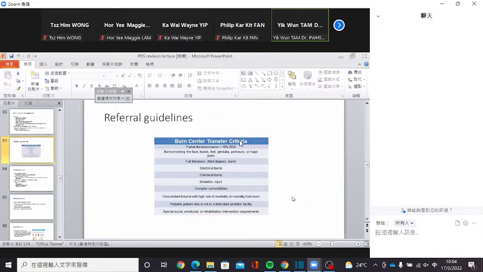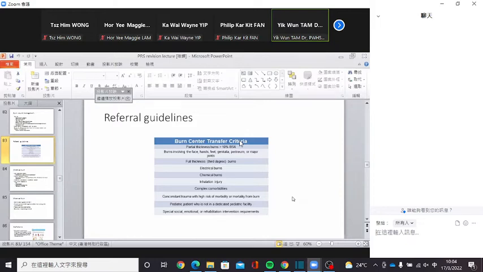So this is the referral guidelines to burn center. I think you should also know this as well because that helps you to triage cases in future. If the area is large, more than 10%, if it involves some special regions like face, hands, feet, genitalia, perineum, or across the joints, then you refer those patients.